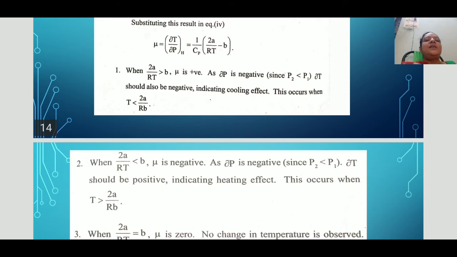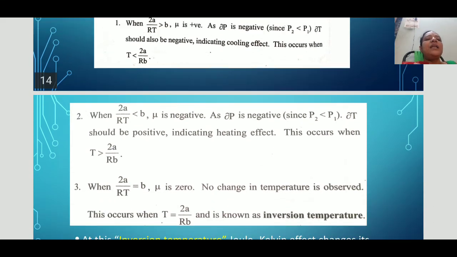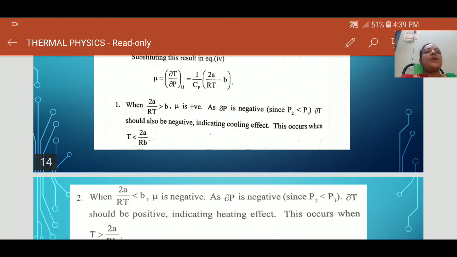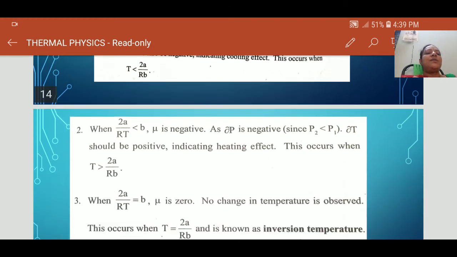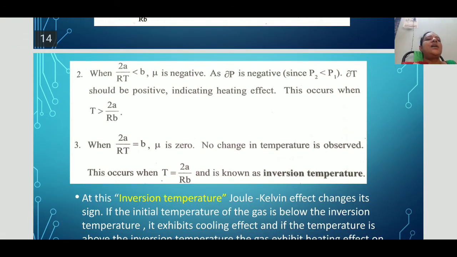That means when 2a/RT is less than b, the gas heats up. Similarly, suppose 2a/RT is equal to b. What happens? μ will be 0. That is, no change in temperature. Means the gas neither heats up nor cools.